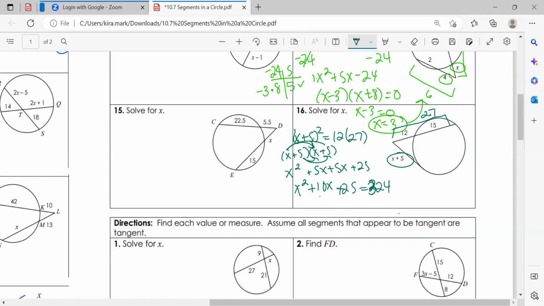324. Subtract the 324 over, so 25 minus 324. I get negative 299. Let me make sure that I did that right. 12 times 27, yep.